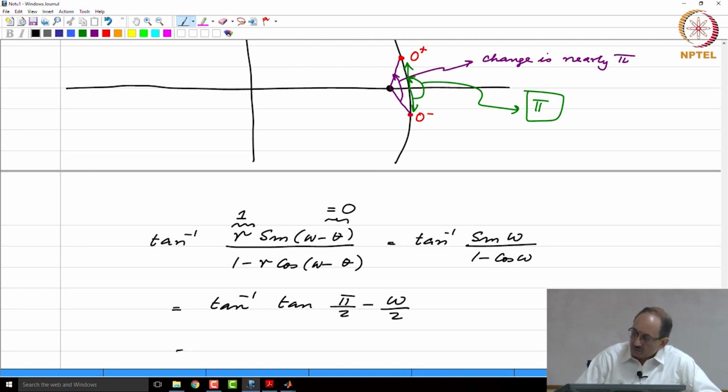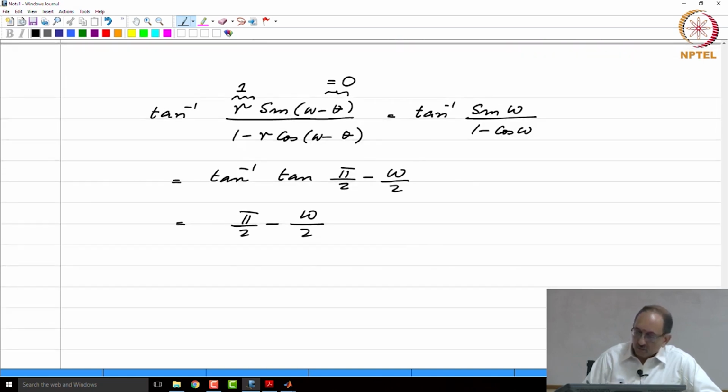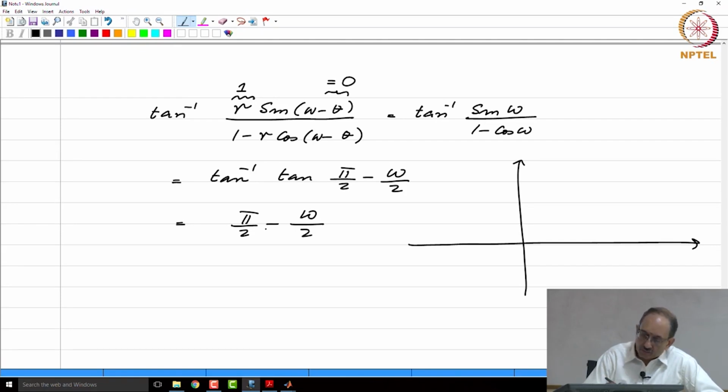This you can verify, and this turns out to be therefore pi by 2 minus omega by 2. And if you plot the frequency response, at omega equal to 0 plus, the value of the angle is pi by 2. When omega equal to pi, the value is 0, and in between the variation is precisely linear.